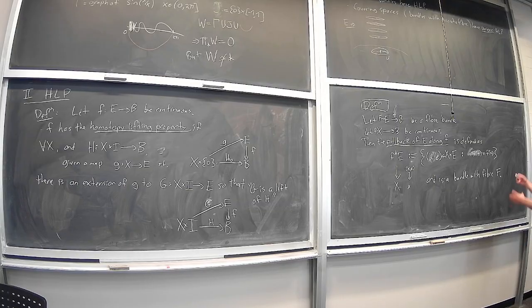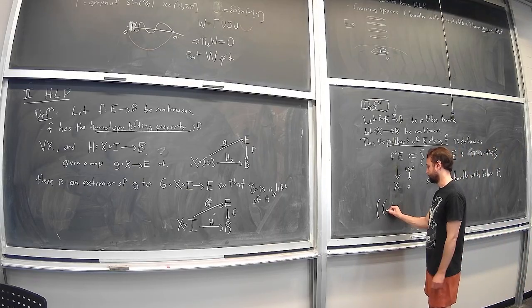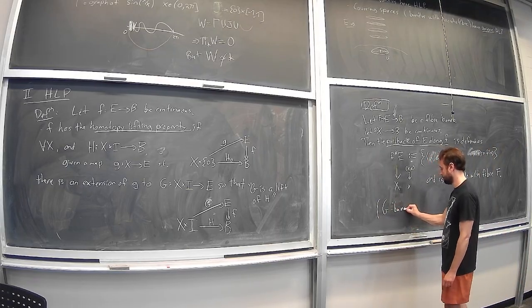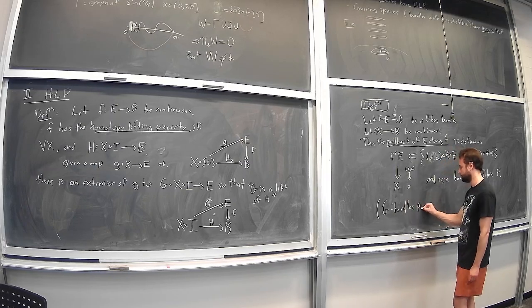If you have a trivialization of the bundle over B and then pull back the bundle, by taking the inverse image of all of these open sets, you're also going to set yourself up with a trivialization of your bundle over X. And in fact, the transition functions, if they were chosen to be in the structure group G over B, the pullback transition functions are also going to just naturally find themselves in G. So if you're also imposing a structure group, I'll put this here in writing: G bundles pull back to G bundles.